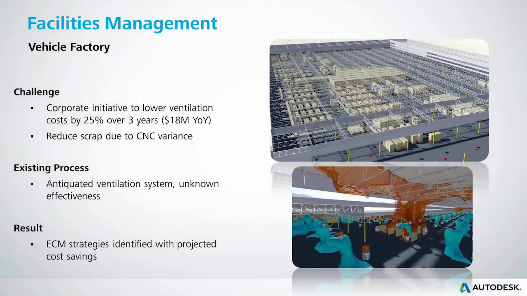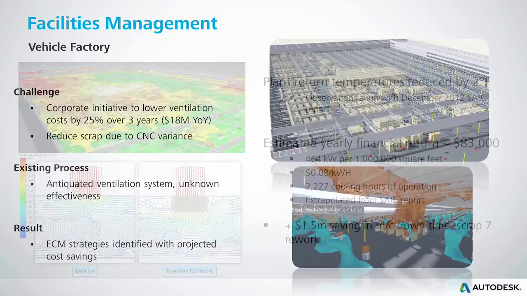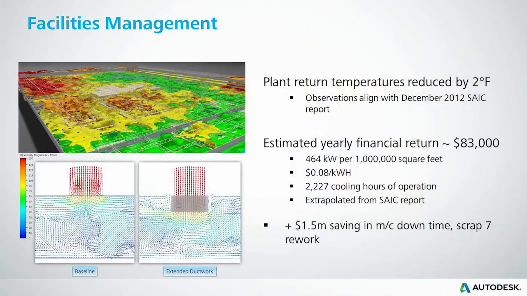So with regards to facilities management, just looking at the ventilation with CFD can be very significant in reducing operating costs. So there was this large layout. We were looking at different designs of ventilation, and just by modifying the ventilation, the ducts, they're able to control the temperatures very well.